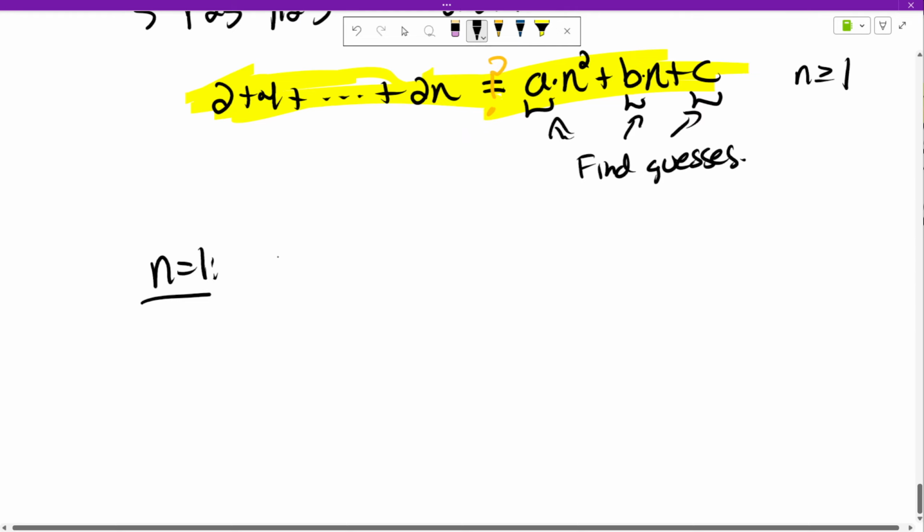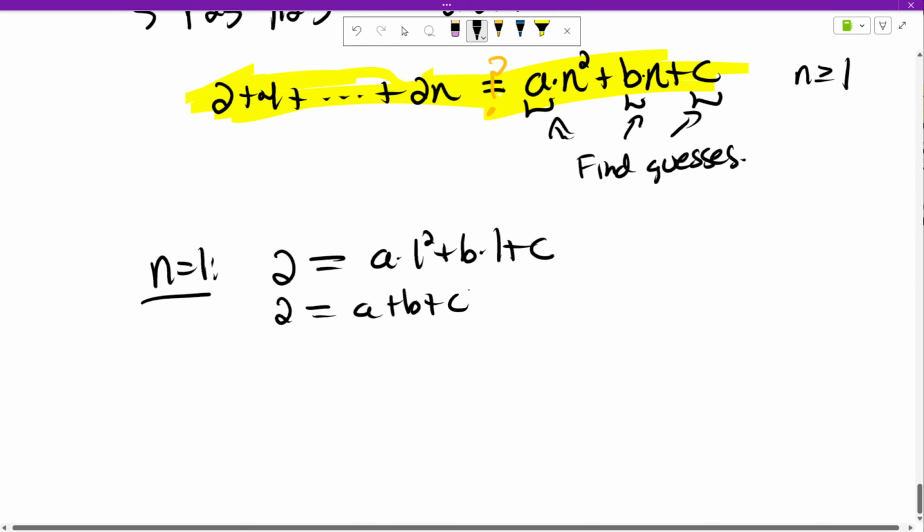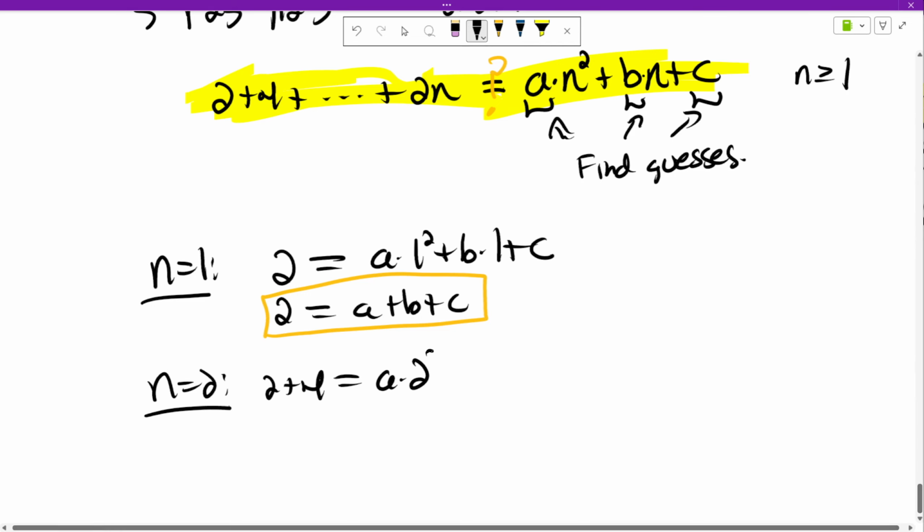For n equals 1, our formula says 2 is a times 1 squared plus b times 1 plus c. Or in other words, 2 is a plus b plus c. So here's one of our expressions. When n is equal to 2, we're going to get 2 plus 4 is equal to a times 2 squared plus b times 2 plus c.